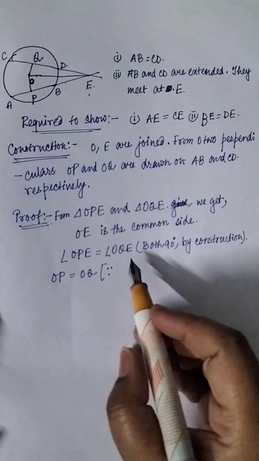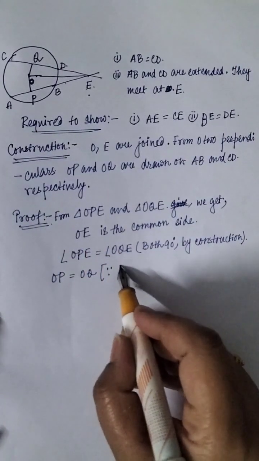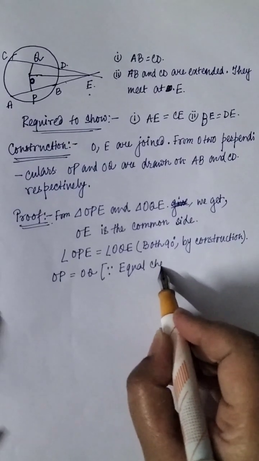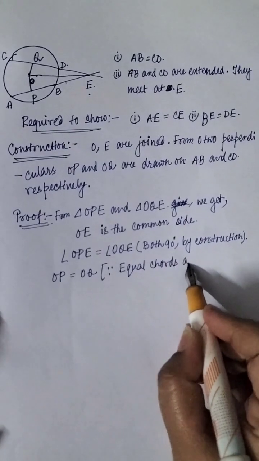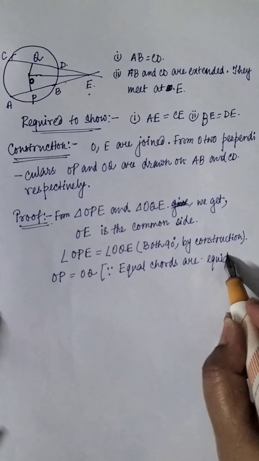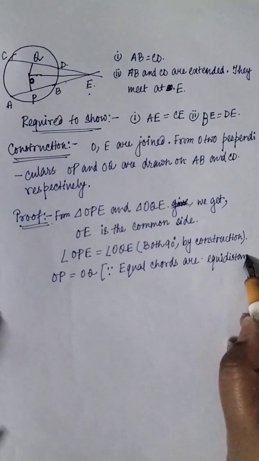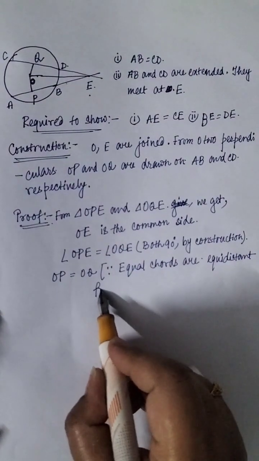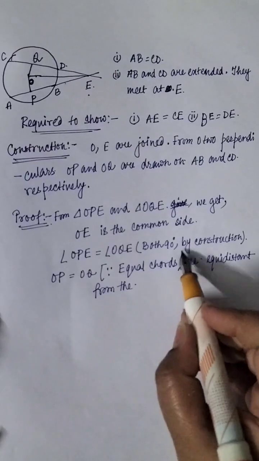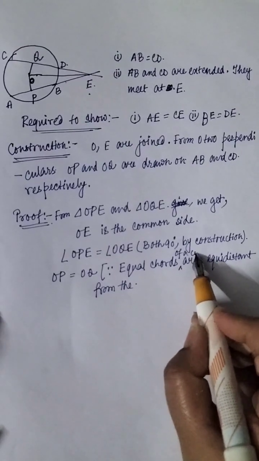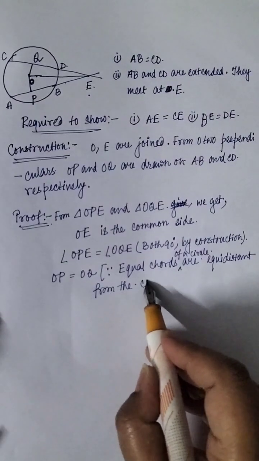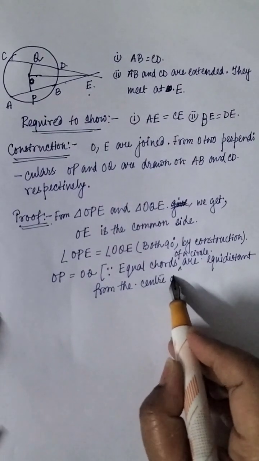As I have already told you, equal chords of a circle are equidistant from the center of it.